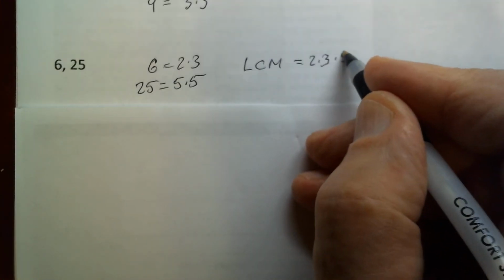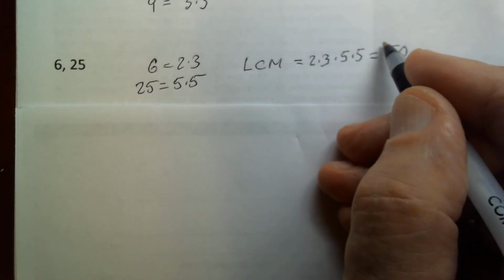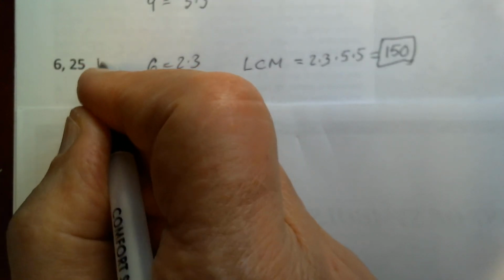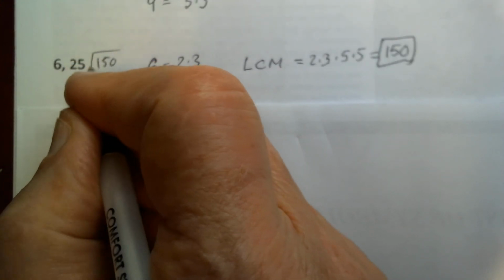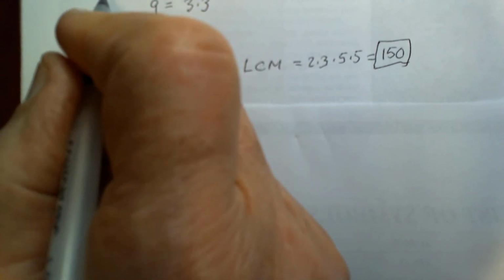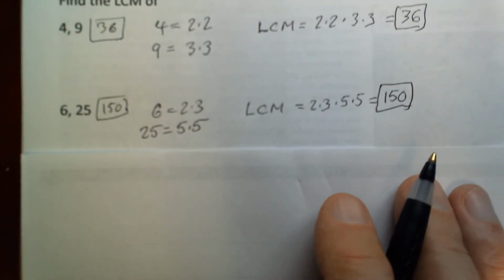So times 5 times 5, and that's equal to 150. So 150 is the LCM here, and the LCM for the previous example was 36. So there you have it.